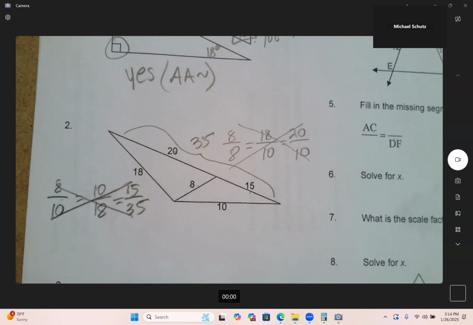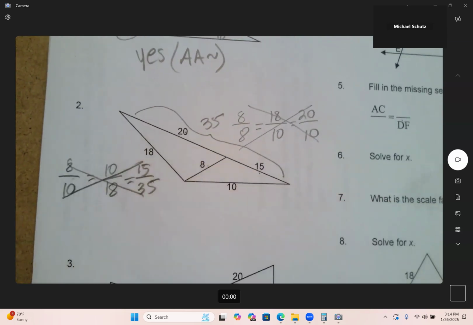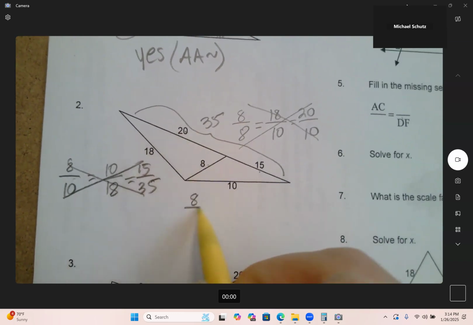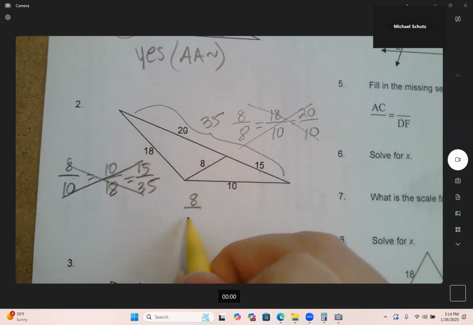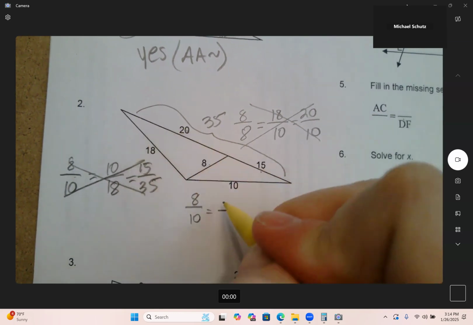All right, now we're going to compare this triangle right here with the over large triangle. In this triangle, the small side is 8. In the over large triangle, it's 10. The medium size is 18.